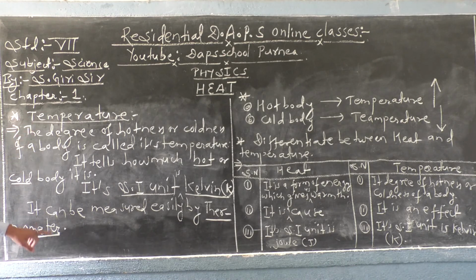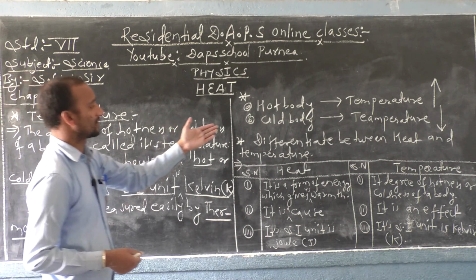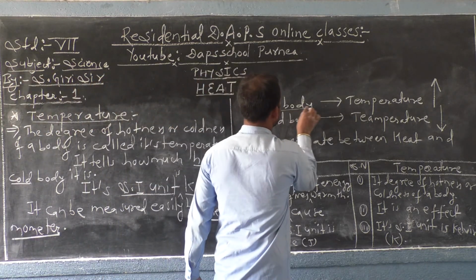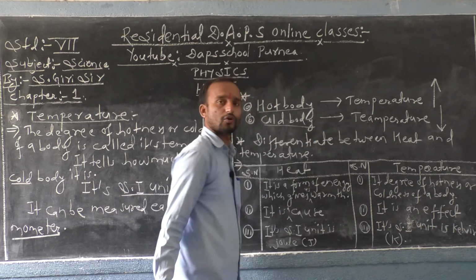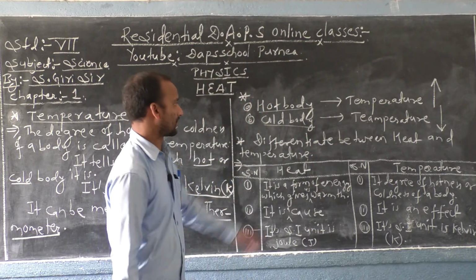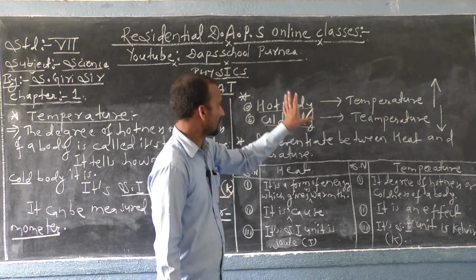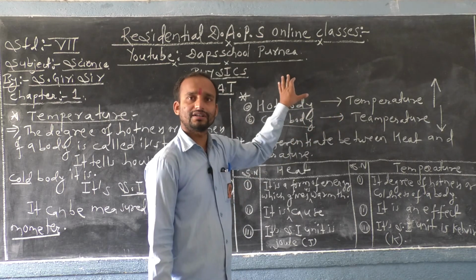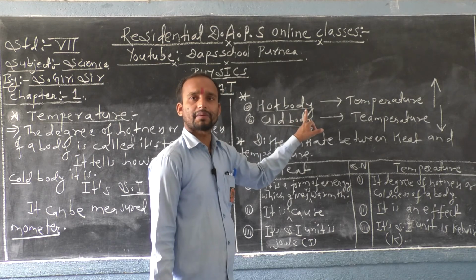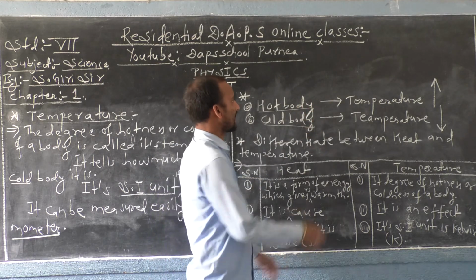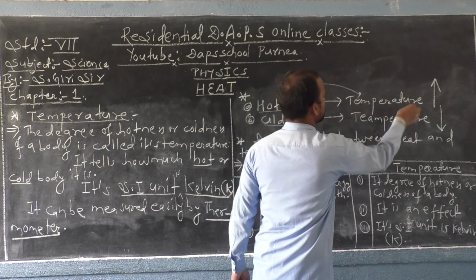So I think up to here you should not have any problem: what is temperature, what is its SI unit, and how to measure it. Next, I told you earlier that you can link the hot body and the cold body with temperature too. The hot body has high temperature. If a body contains maximum heat energy, that body has high temperature.